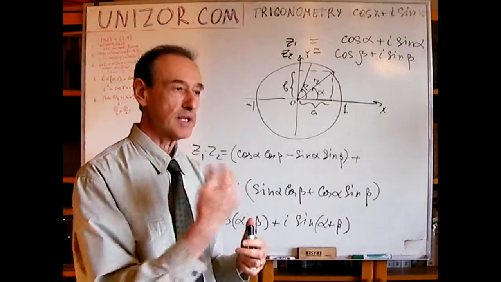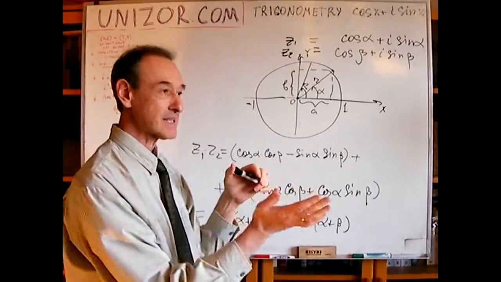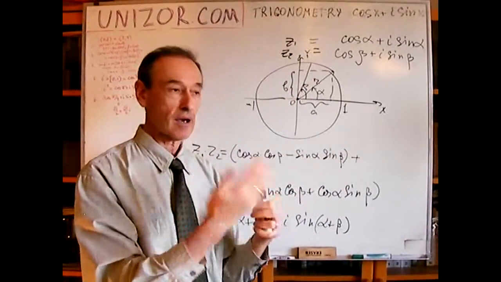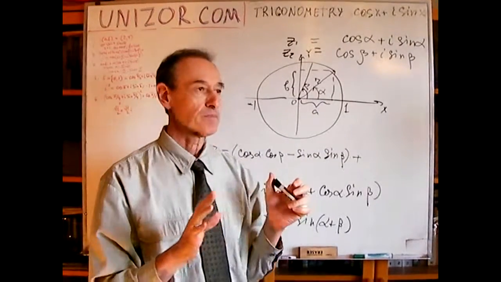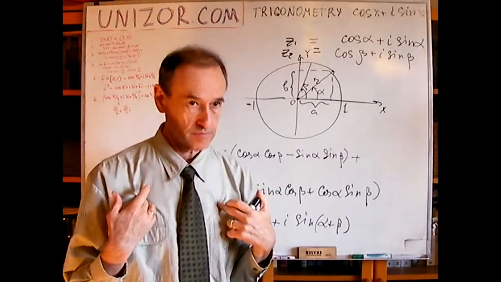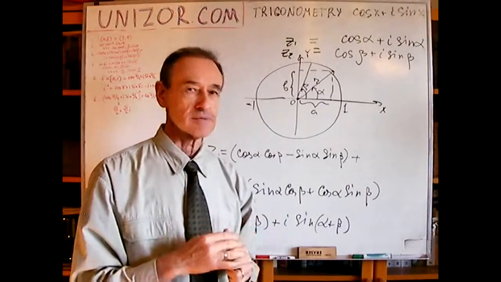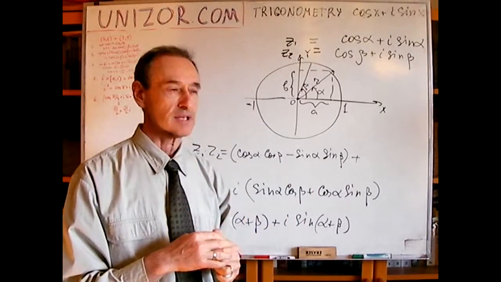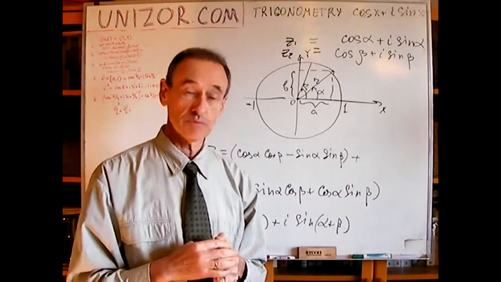So multiplication by another number is basically a rotation by a corresponding angle. This is really very unexpected and very strange, at least personally, that's how I feel about this. And that's what makes this mathematics very, very interesting and beautiful, if you wish.